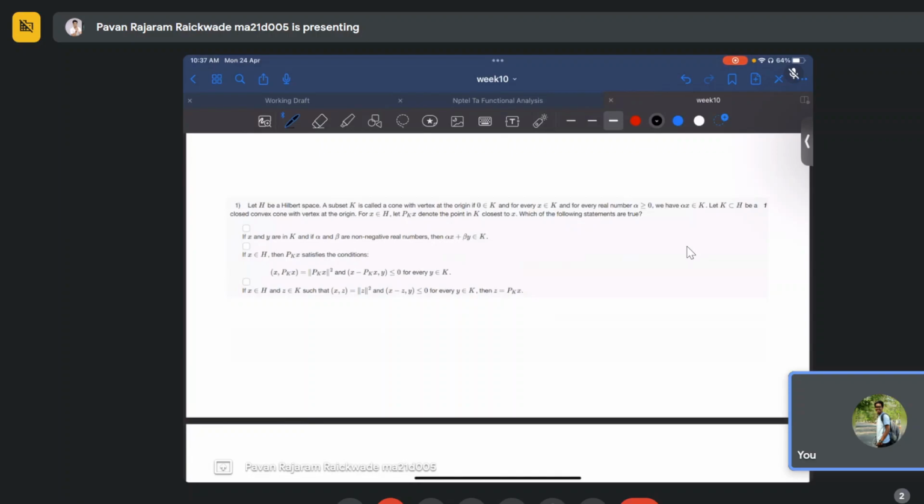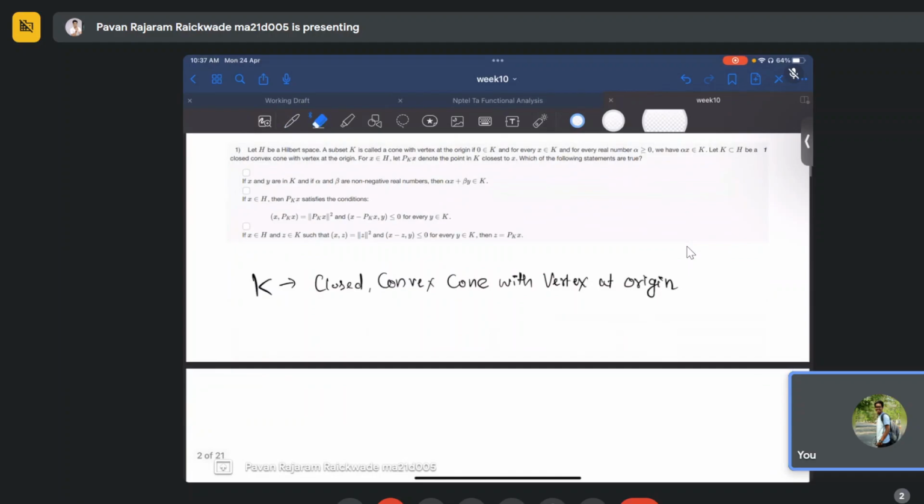Now let K, a subset of H, be a closed convex cone with vertex at the origin. What does that mean?